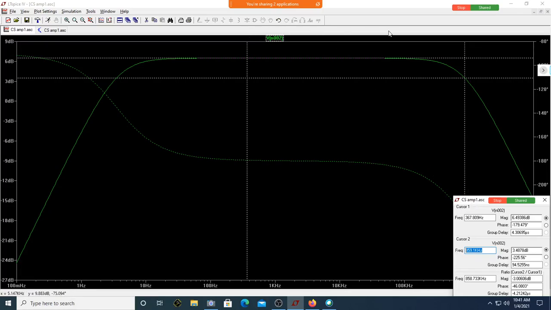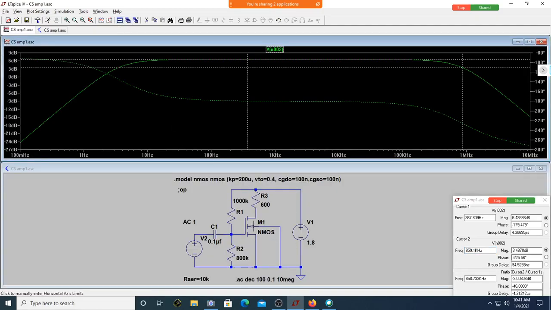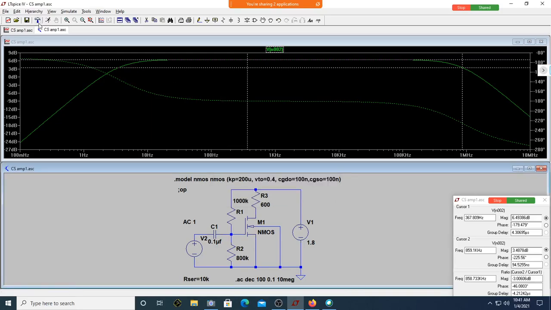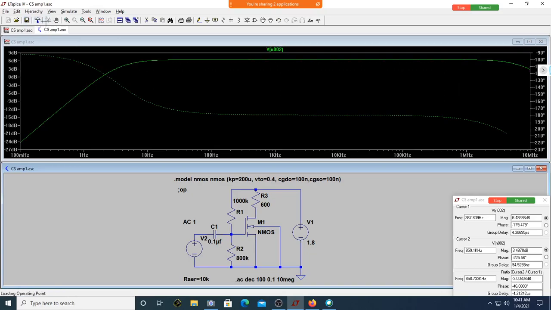Okay, I'm a bit greedy, let me further reduce, make it 4.5 and 0.1. Again keep the ratio same. The ratio is again 45. Save it and run.